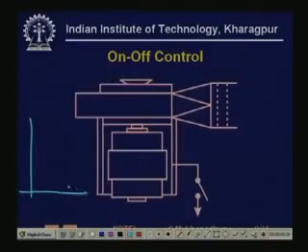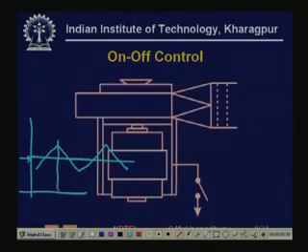So you see, if you switch on the fan, suppose the flow rate will rise for a little time, then it will fall again, and then you will switch it on and then switch it off. So you will be able to establish an average flow, and this average will actually depend on what is known as the duty ratio. So this is on, this is off.